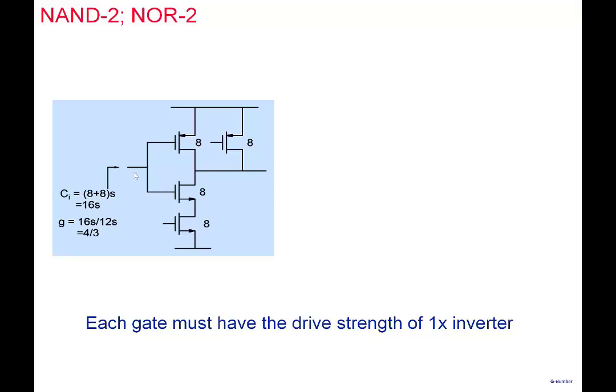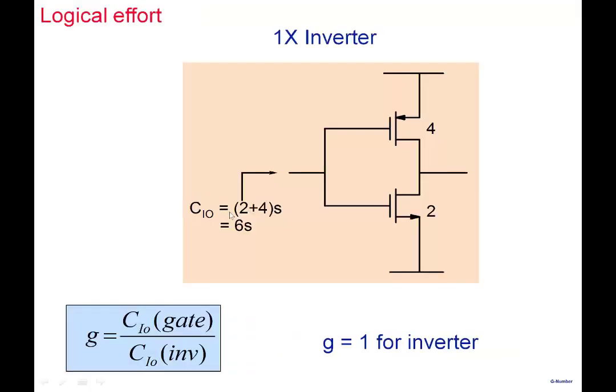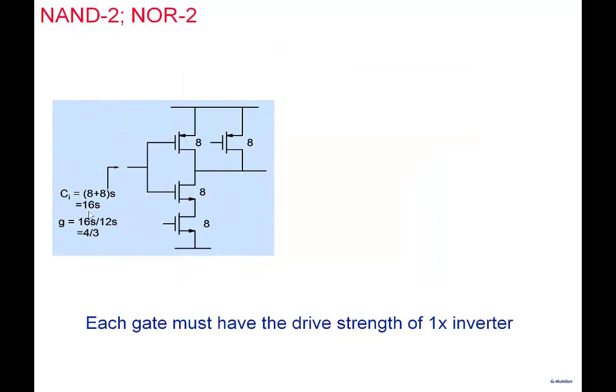And the input capacitance of a 1x inverter was 4 plus 8, so 12. So the logical effort of a NOR gate is 16 divided by 12, which is 4 by 3. So that's how you calculate the G value.